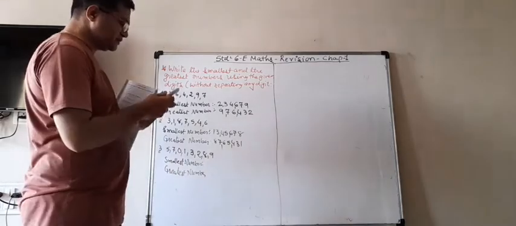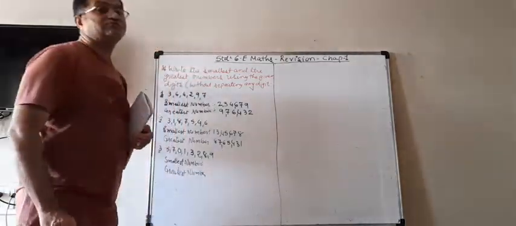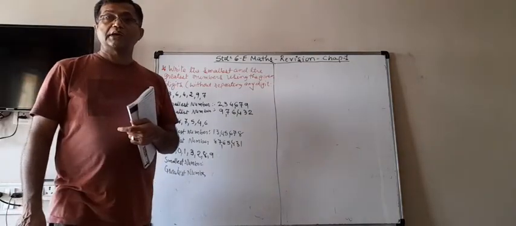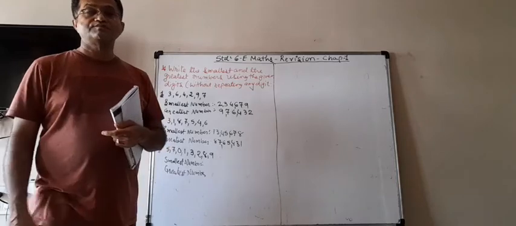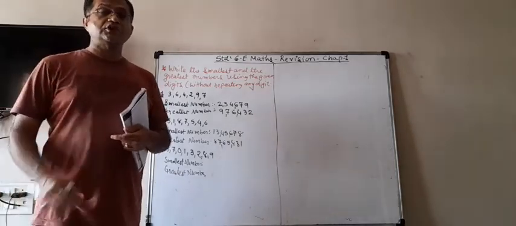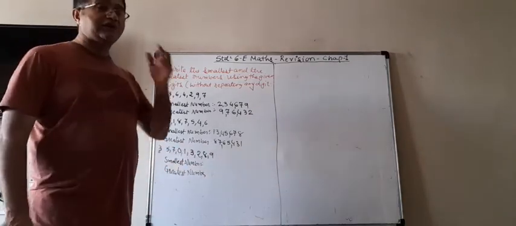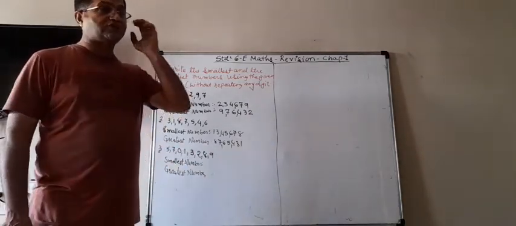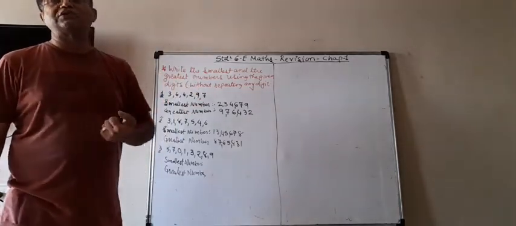Now generally, when we make the smallest number, we start with the smallest digit. But if among them there is a 0, we cannot start with the 0, because otherwise it will be only a 7-digit number, since when 0 is in the beginning, it is not counted.